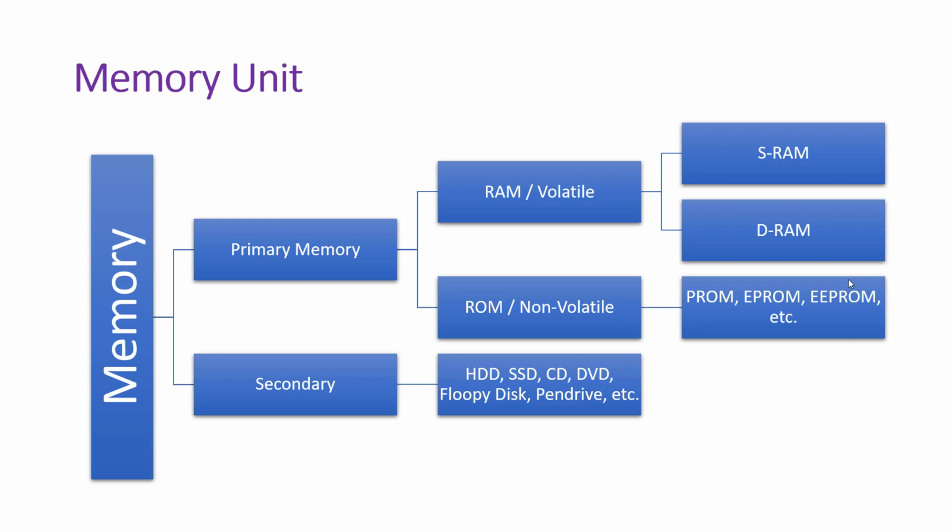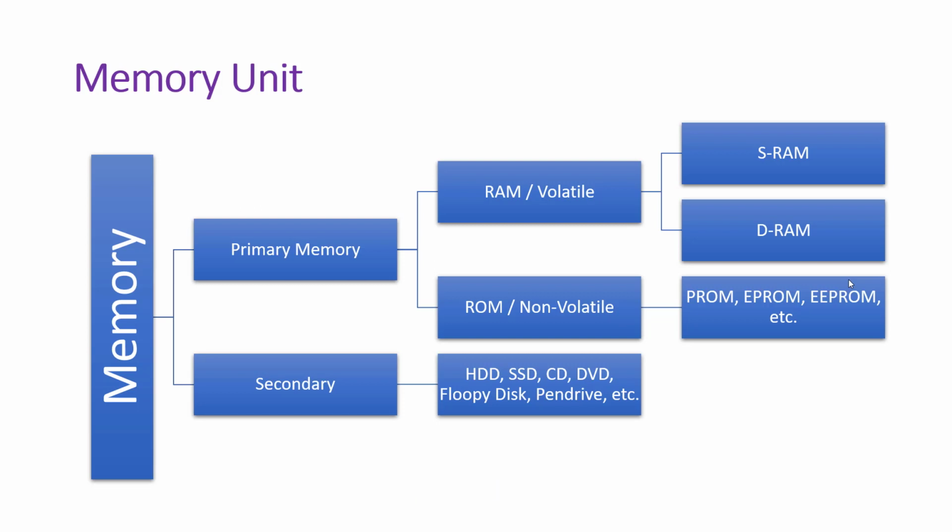Again, RAM can be classified into two types: SRAM, static RAM, and DRAM, that is dynamic RAM. In dynamic RAM, there is a clock, so it holds instruction for a specific period, and if it still needs to be in the random access memory, the same data is fed into the DRAM again and again.